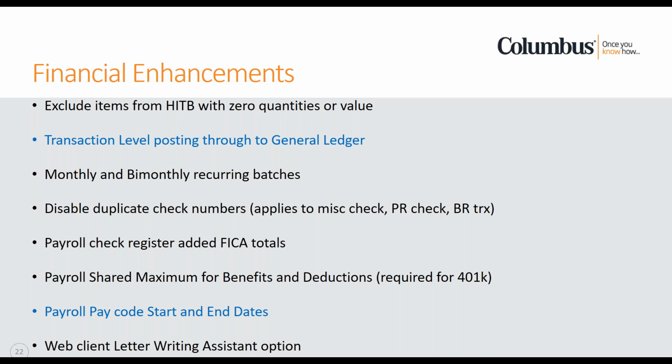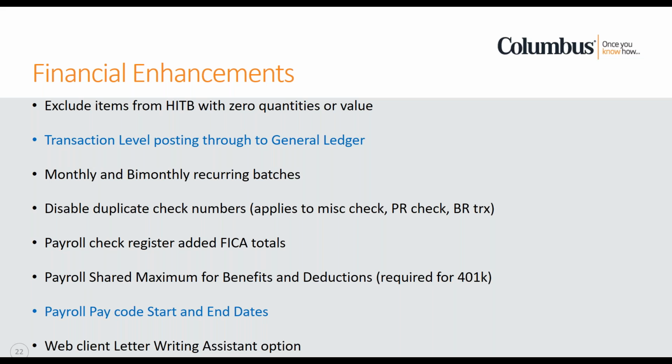The fourth one down, the ability to disable duplicate check numbers, and you might be thinking, well, we've got that now today too. Well, you do, but it doesn't work today if you do a miscellaneous check, a payroll check, or a bank reconciliation transaction. So just a pure banking transaction. It doesn't look for the duplicate flags.